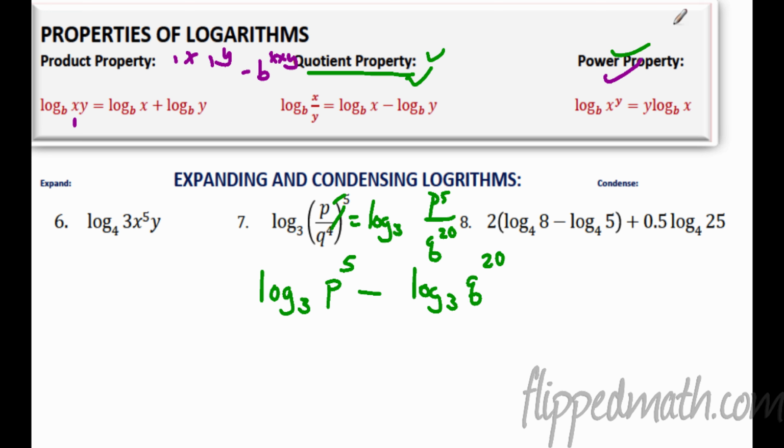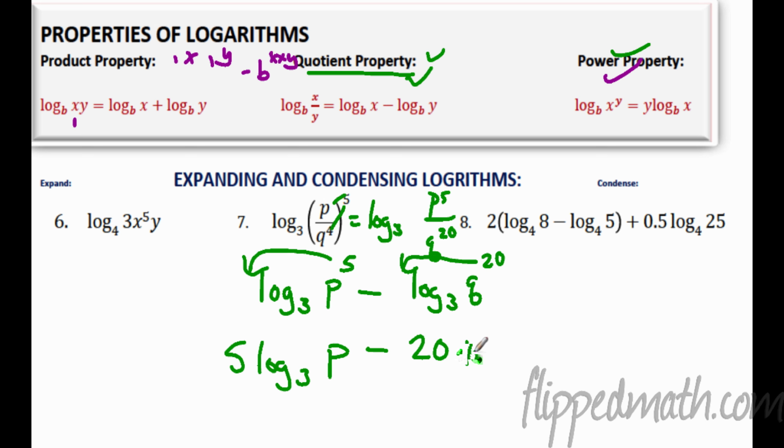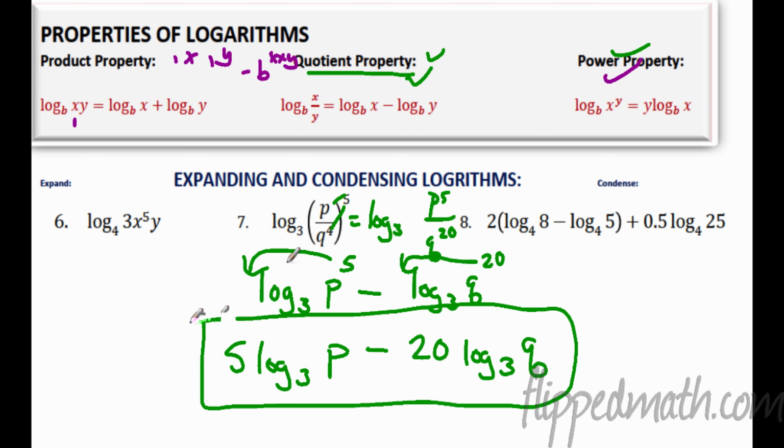Almost done. Now we're going to use the power property. We're going to bring that exponent down front for both of them. Final answer for this one: 5 times the log base 3 of p minus 20 times the log base 3 of q. And that is expanded for number 7.